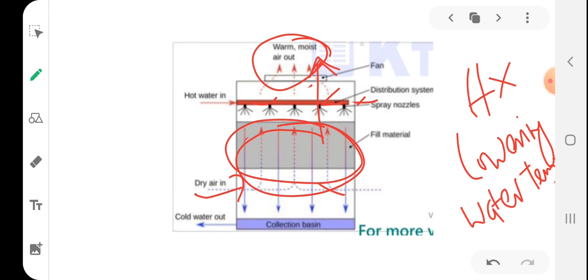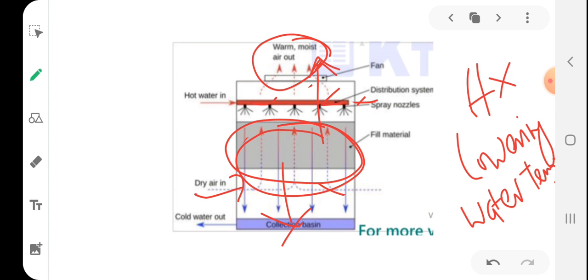in this region. So there will be some remaining water. Only a small portion of water will evaporate. The remaining water will be collected in this collection basin. So what will be the temperature of the remaining water? The remaining water will have a lower temperature. Why?